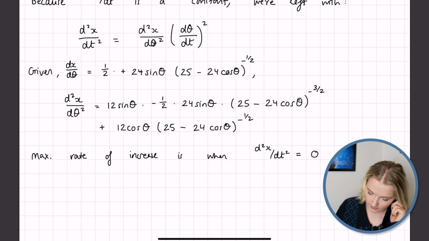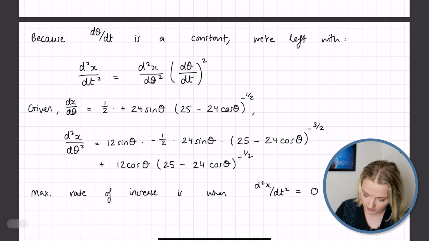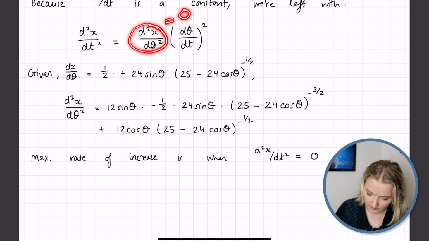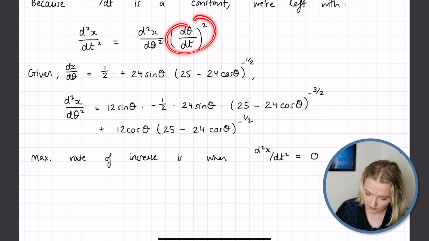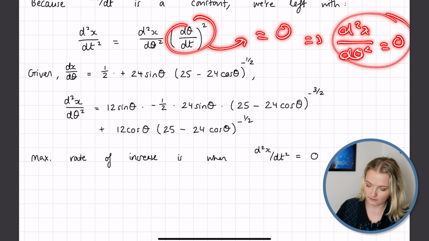Now we know that this is a constant and it cannot be 0 because of the way that the clock is moving. So this is not 0, so we can multiply that out. And we can simply get that this here must be equal to 0, because if this entire thing is equal to 0, then we can just multiply this up on this side, and therefore we're just left with this there.